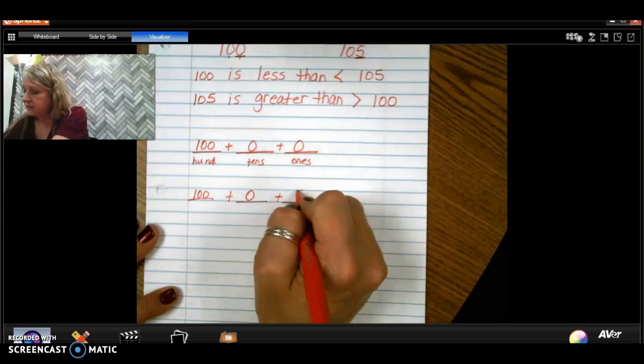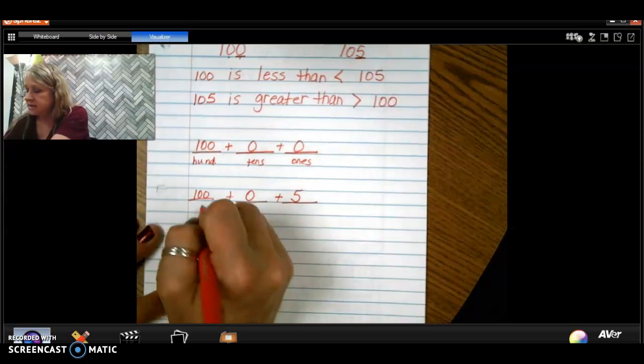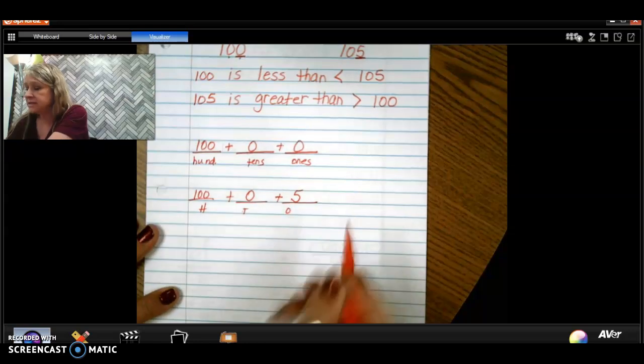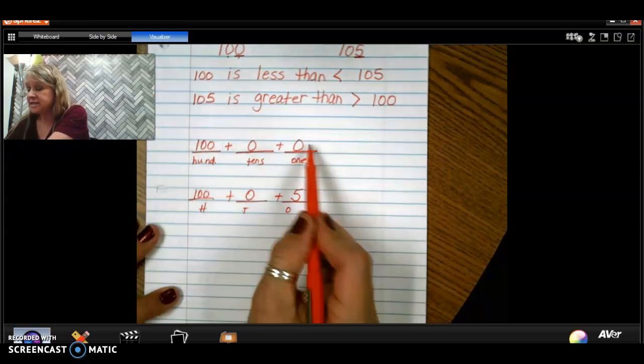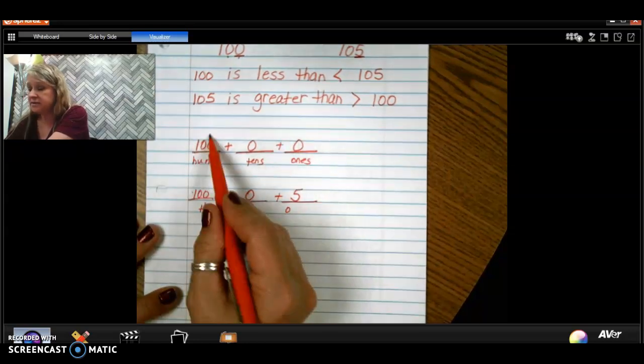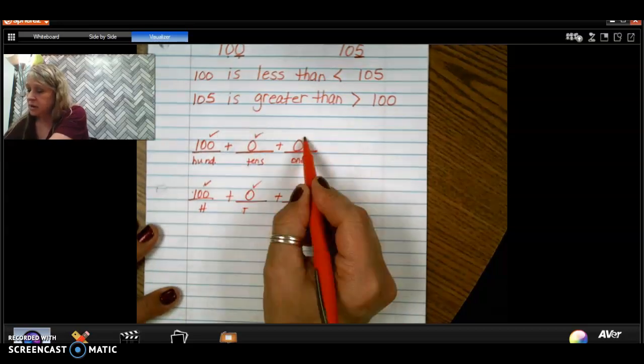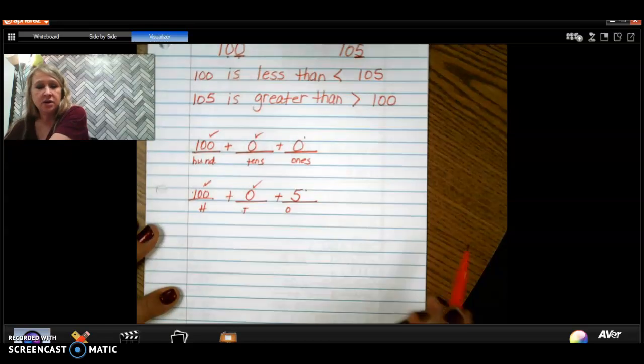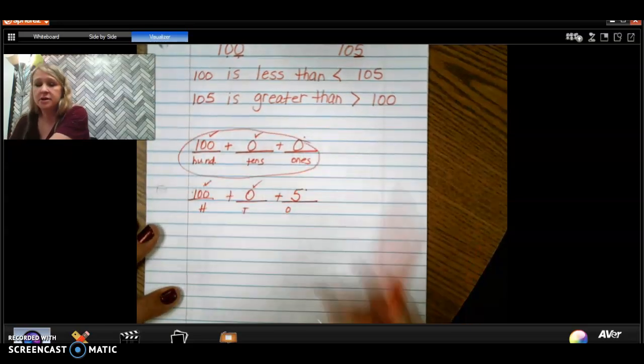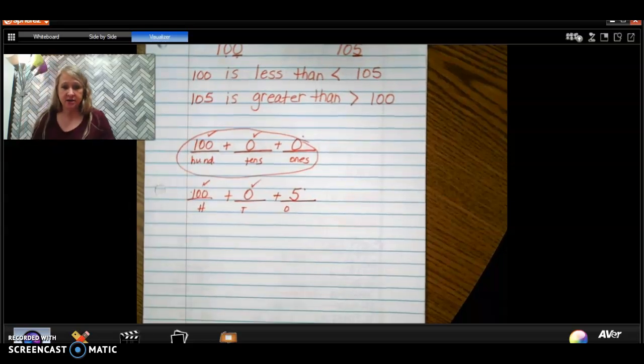That's right, she had 5 ones. So hundreds, tens, and ones. Which one has less? They both have 100. This is the same and this is the same. Same, same. Oh, we have a 0 and a 5. Which number is less? This one. 100 is less than 105.